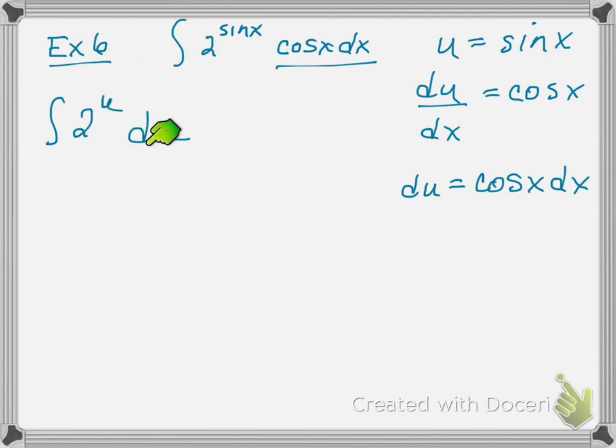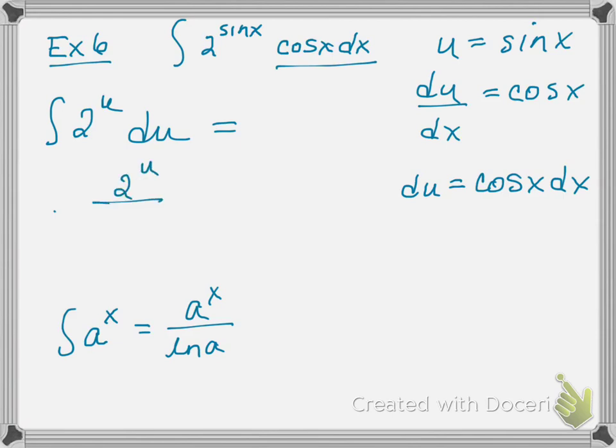And I have a formula for that. My formula just has x's in it. Remember, I used it in the previous example. The formula was if you have a constant a to the x power, then it's a to the x over ln of a. So my integral, or my antiderivative of this, is simply going to be 2 to the u over ln of 2 plus c.